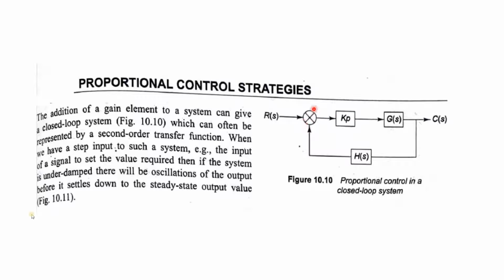At the summation point, the error is created. It signals whether there is an error or not. If the input and output signals are equal, there won't be any error. If there is a difference, the error will be indicated. So the controller has to take the necessary control actions, and the control action output is fed to the actual system or plant.